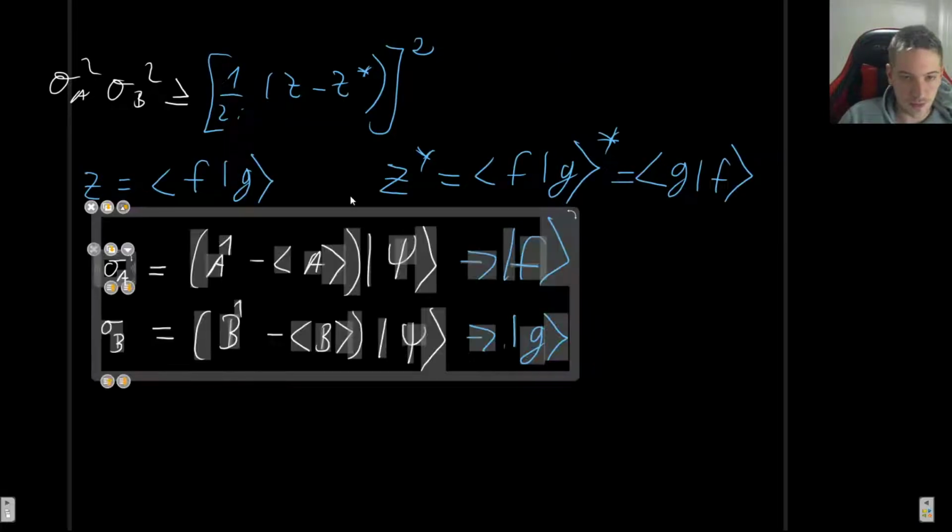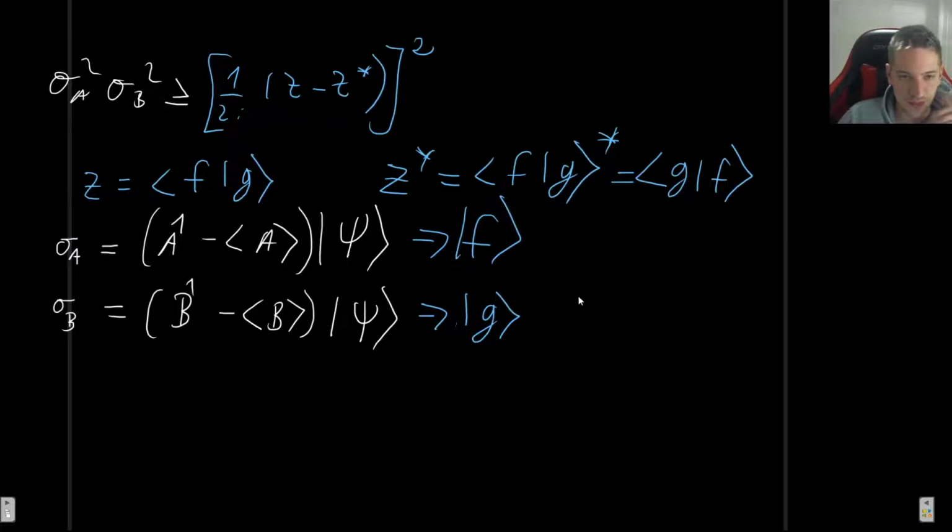So let's go back here. These are our definitions. And well, what would be the bras? So for example, for f, the bra of f would be the bra of this psi.